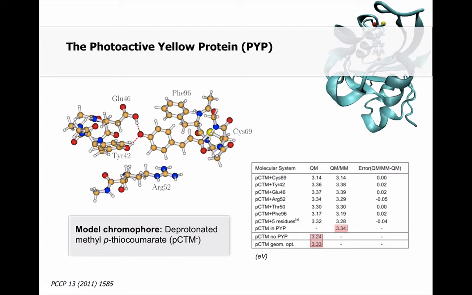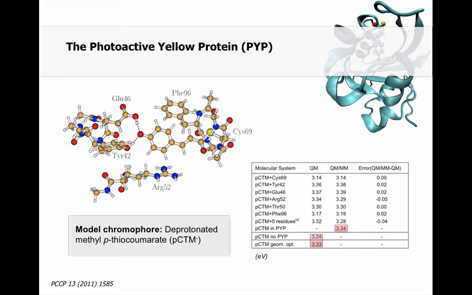Removing the protein environment completely, but keeping the geometry of the chromophore as it was inside the protein, gives a value for the electronic excitation energy equal to 3.24 eV. That is, the direct perturbation of the environment leads to a shift in the excitation energy of approximately 0.1 eV.